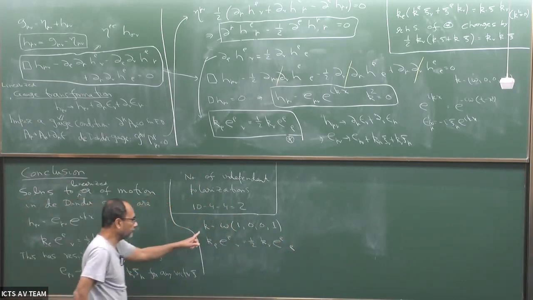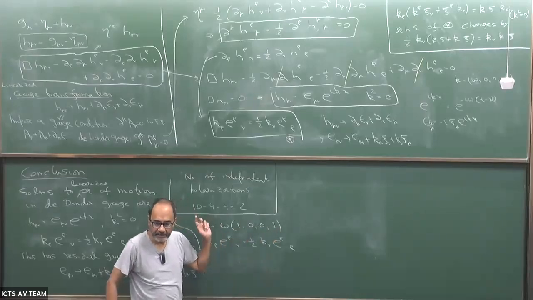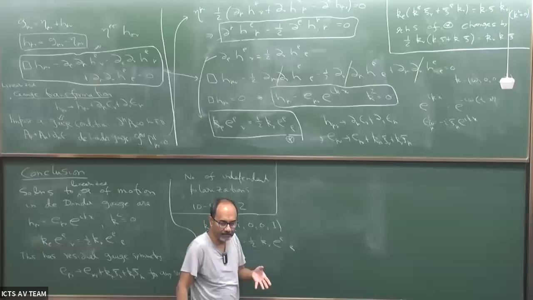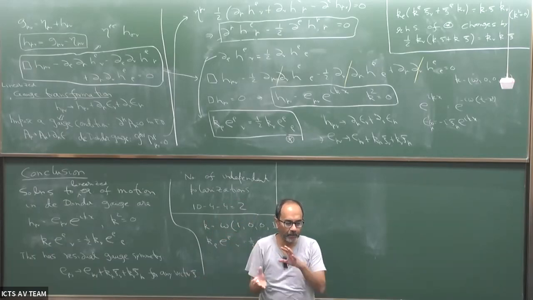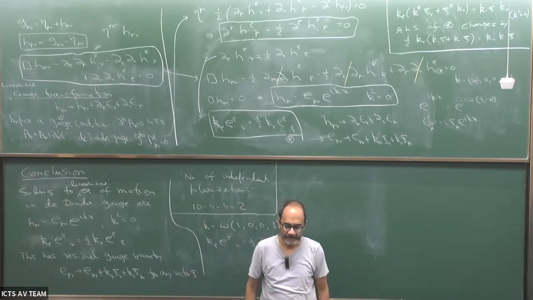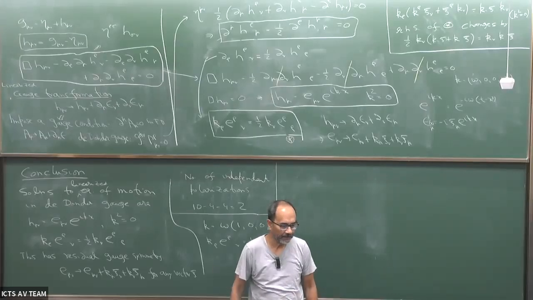First of all, we have chosen this, but this is in a sense completely general, because this is saying that you propagate in the third direction. If you propagate in any other direction, the result can be obtained by rotating the coordinate axes. So once you know how to do it for a wave moving in the third direction, you know how to do it for general waves.